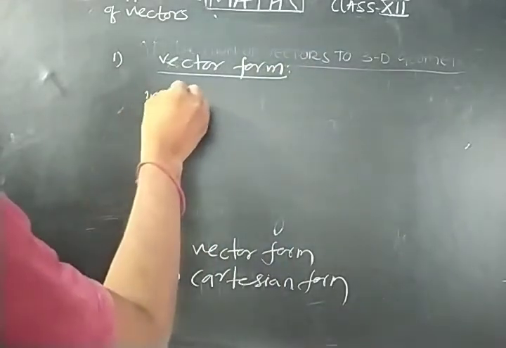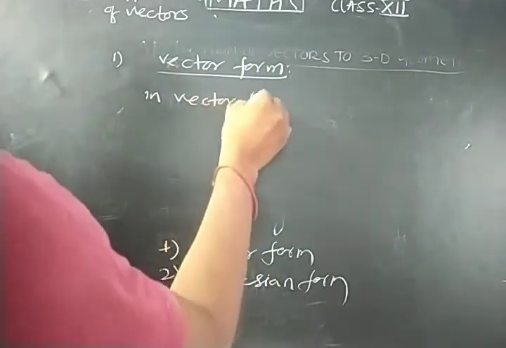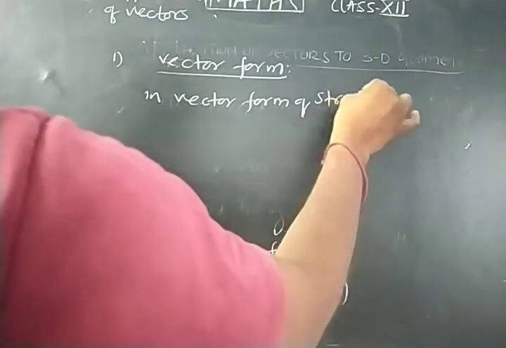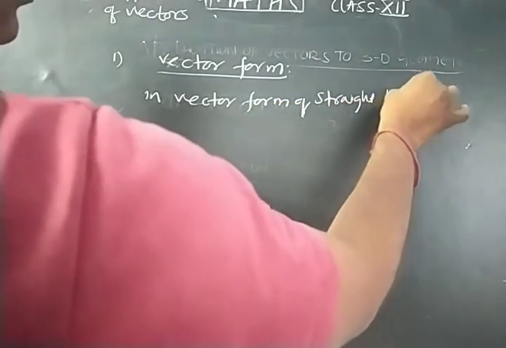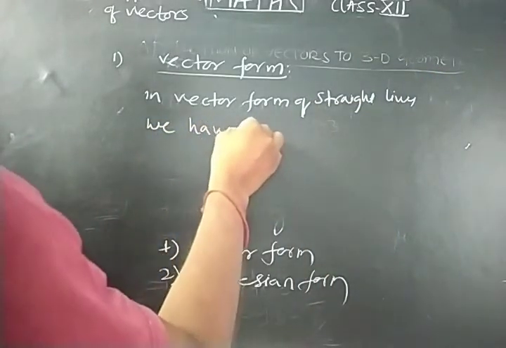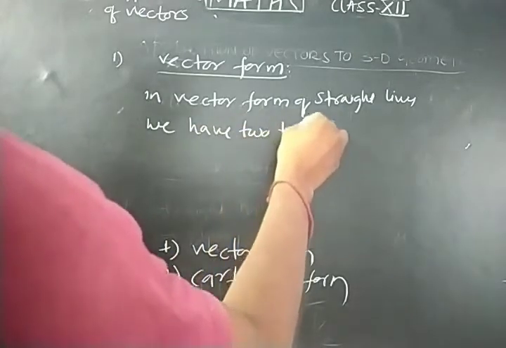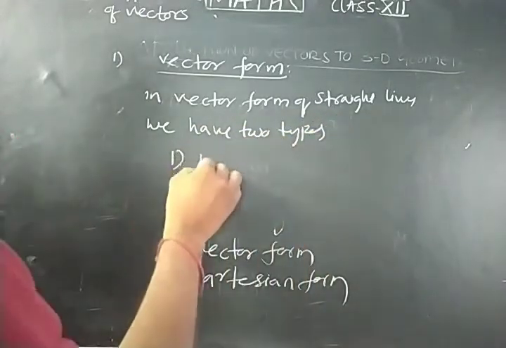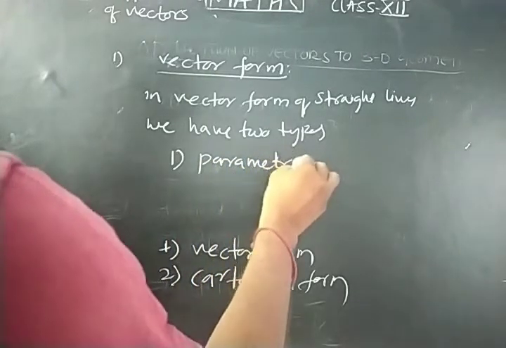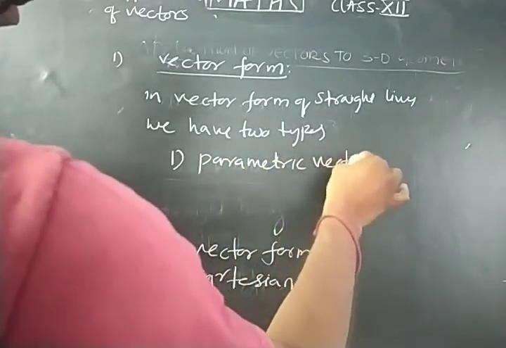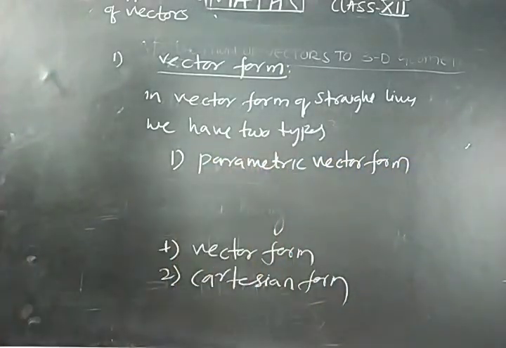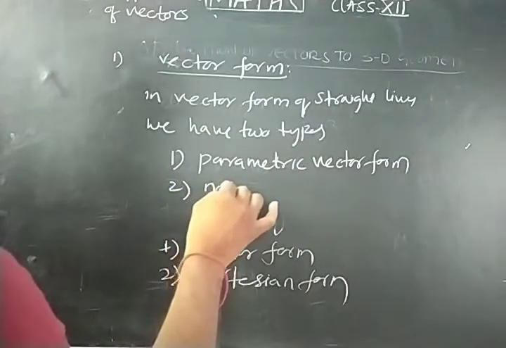In the vector form of straight lines, we have two types. One is the parametric vector form, in which we will have the parameter, and the second one is the non-parametric form.